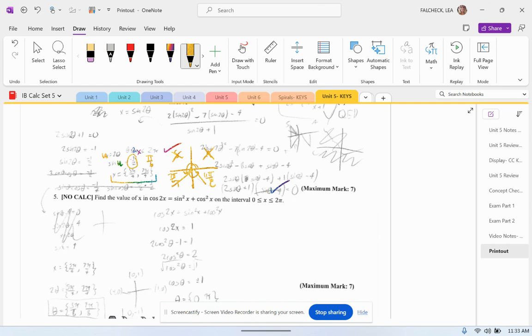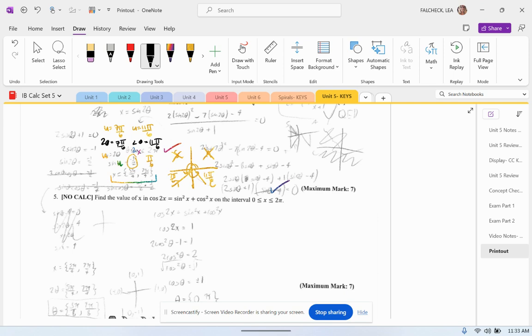So now we have our two solutions. U is equal to 7 pi over 6. U is equal to 11 pi over 6, except we're not trying to solve for U. We are ultimately trying to solve for x. So 2 theta is equal to 7 pi over 6. 2 theta is equal to 11 pi over 6. My 7 looks like a 2, I guess. Whatever.